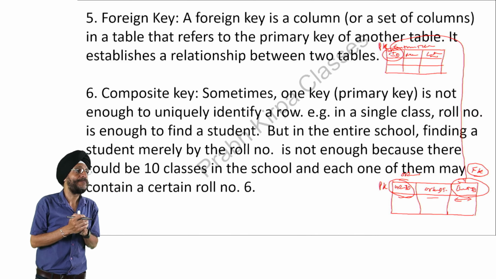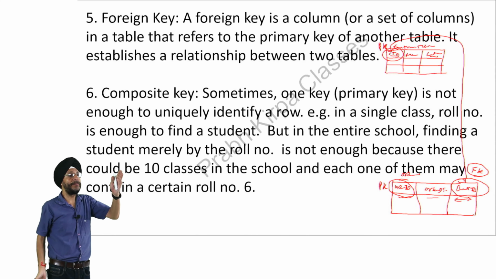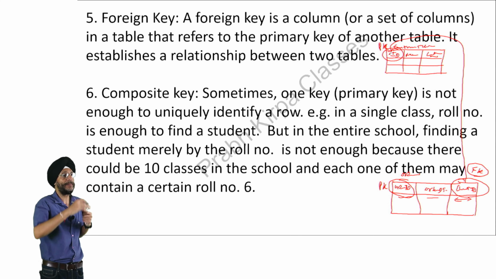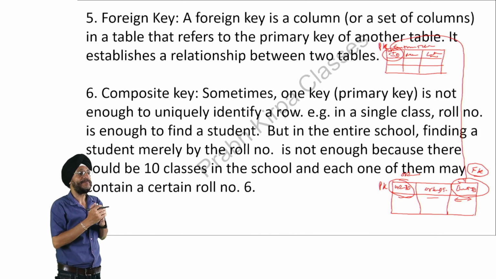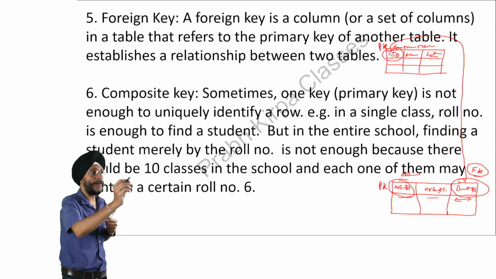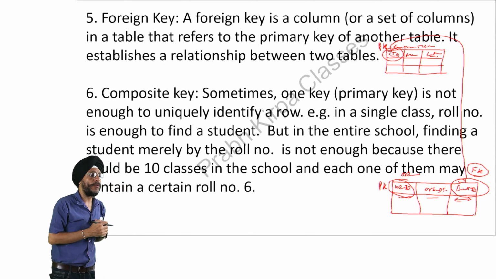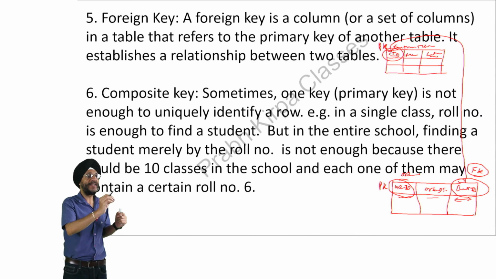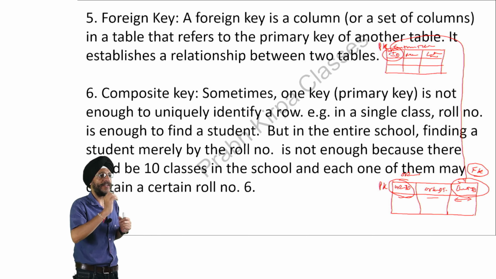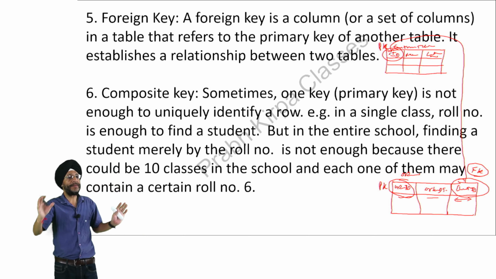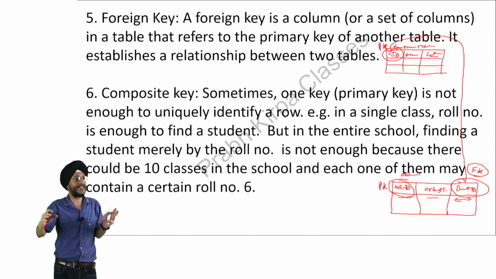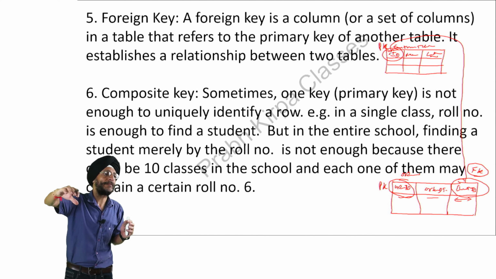Then if we say roll number 20, there may be many students across many classes having the same roll number. Then in that case, it becomes difficult to find out a particular student. So in the entire school, finding a student solely on the basis of roll number is not enough, because each class may be having the same roll numbers.